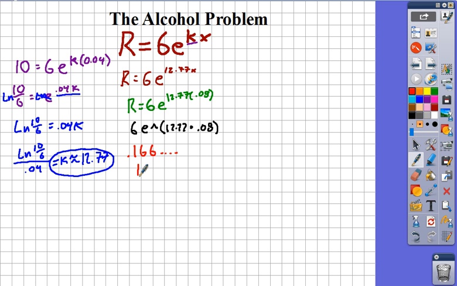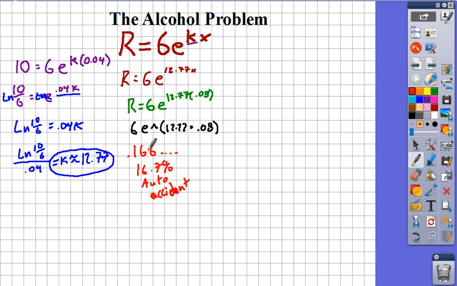So we're going to say approximately 16.7%. There's a 16.7% chance of an auto accident if you have a BAC level of 0.08. Now, of course, there are lots of other variables in that, and I'm not a scientist, so I'm not going to get into that.